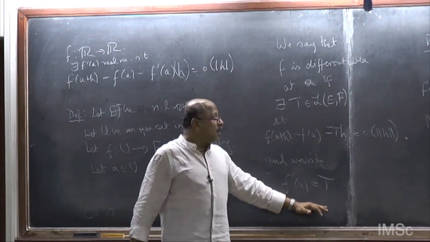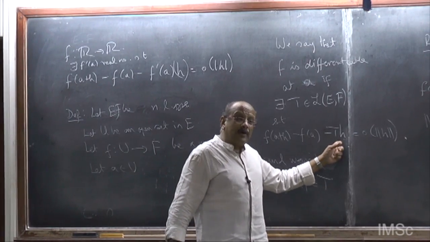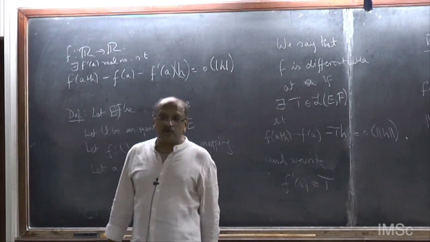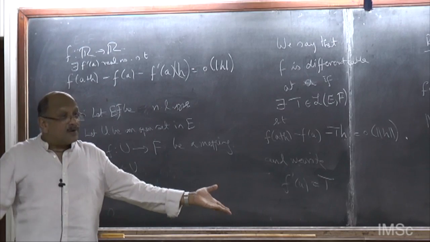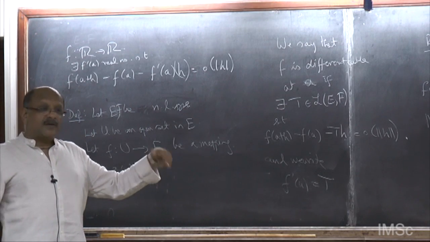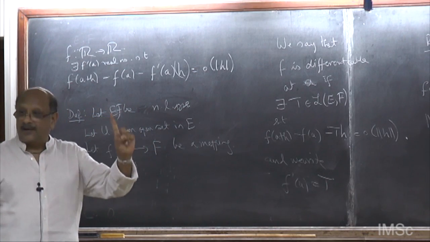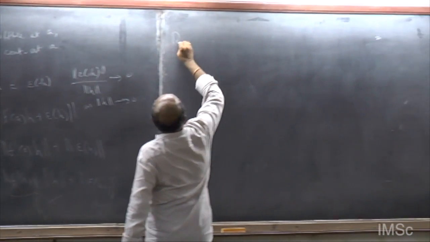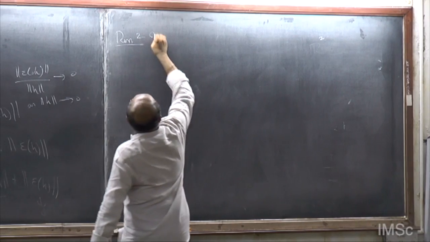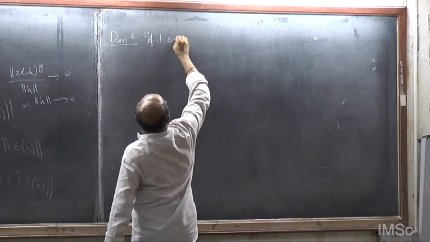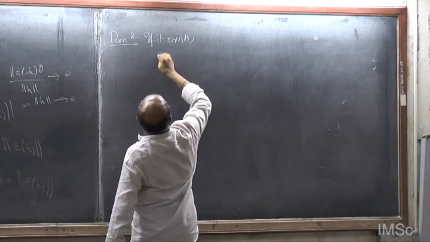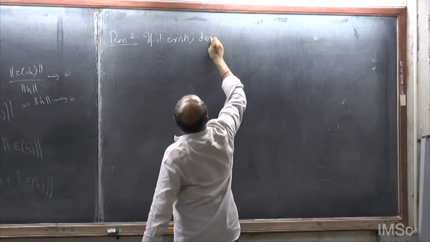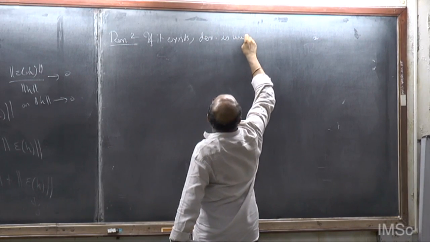But what guarantee is there that there is only one bounded linear transformation which will do this? There may be more. So, the derivative has to be unique. Remark 2: if it exists, the derivative is unique.